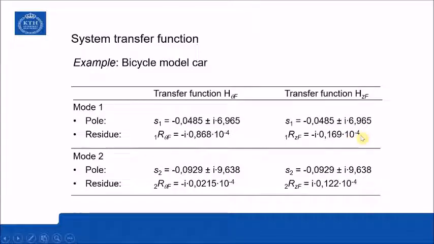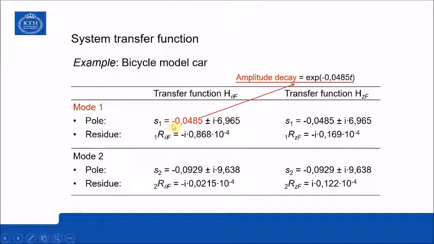And as we said before, beta, that is the imaginary part of the pole, can be the basis of estimation of the resonance frequency for this mode. You simply divide the imaginary part with 2 pi, and in this case the result will be roughly 1.1 Hertz.